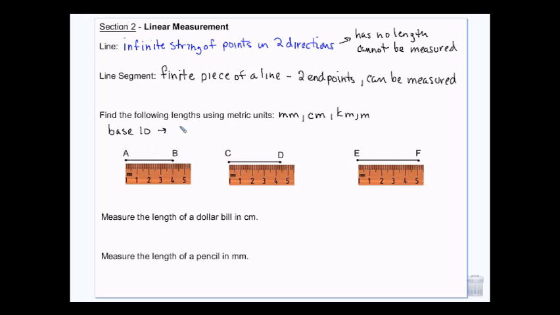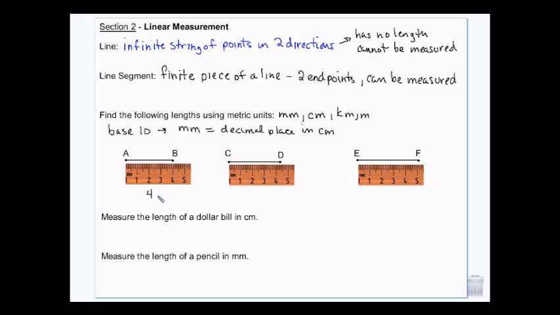Which means that a millimeter is equal to a decimal place in a centimeter. So it's a tenth of a centimeter. When I look at this 4 centimeters, the big lines are the centimeters and these little lines are the millimeters.